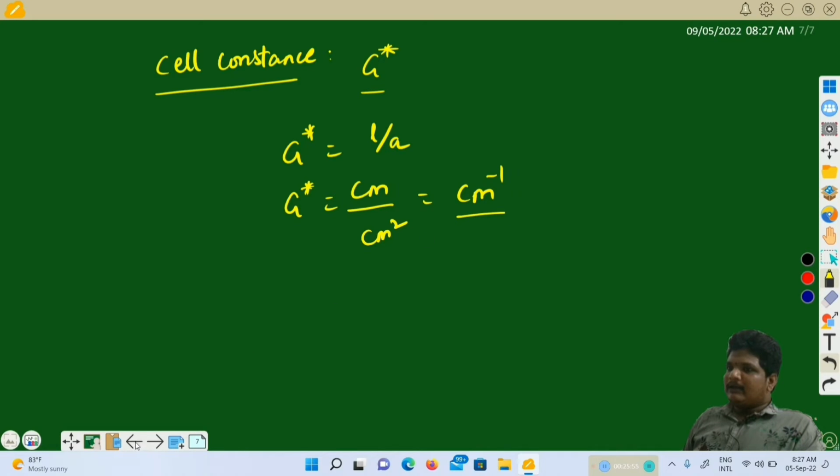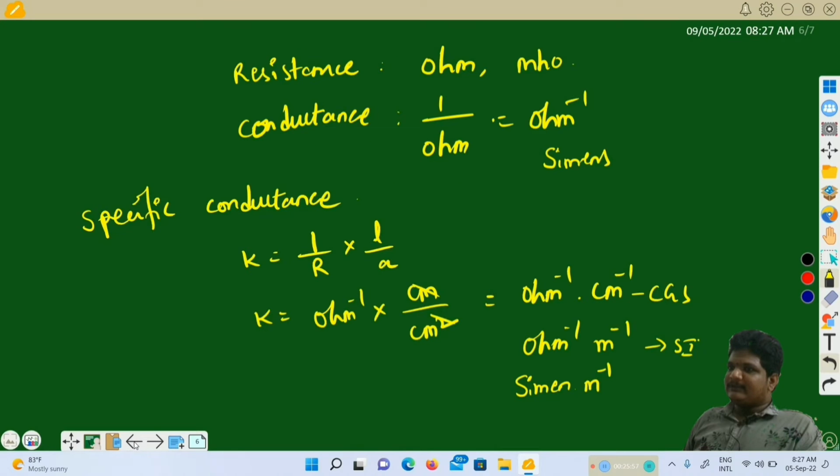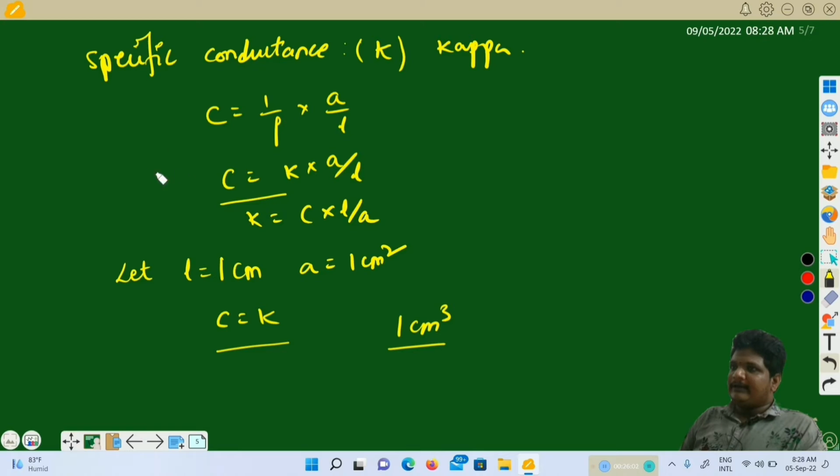Okay, so if you see this, the specific conductance depends upon this cell constant. So kappa is equal to conductance into G star, where G star is the cell constant.